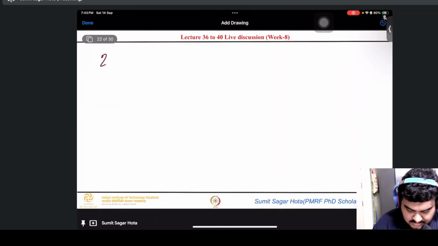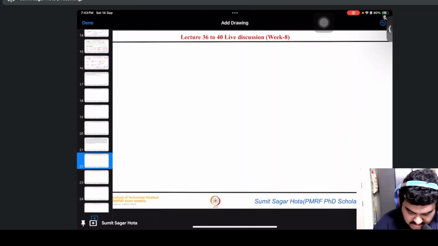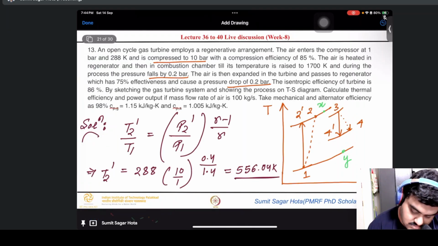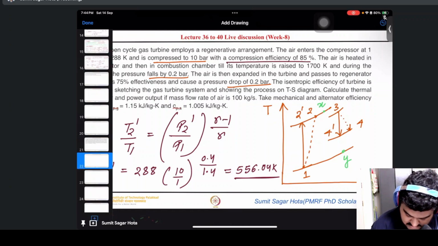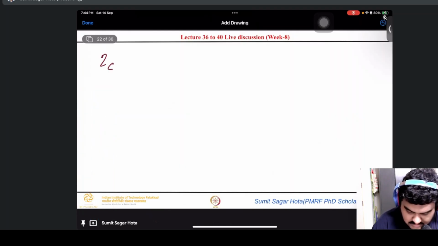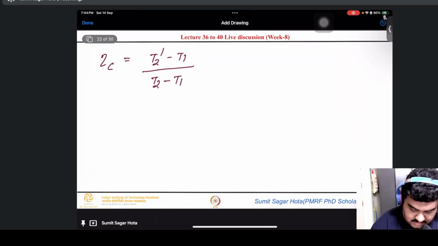So what is the isentropic efficiency of the compressor? Given, compression efficiency is 85%, which is T2 dash minus T1, isentropic by actual. What we need actually is T2, the actual temperature at the compressor exit.